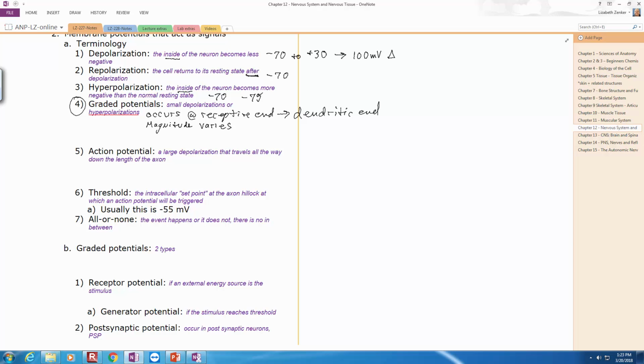So depending on the intensity of the stimulus. And so if you had like a graded scale of 1 to 5, let's say 5 is like really strong, maybe one time a graded potential is closer on the one side. Another time you have a graded potential, it's more strong, it's going to be a 5. But it can vary depending on the stimulus. So for example, you guys vary what you're doing lots of times throughout the day.